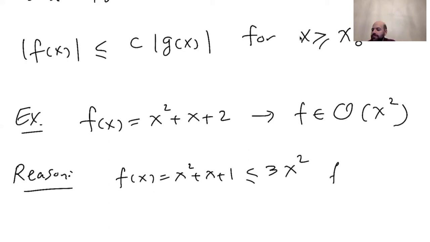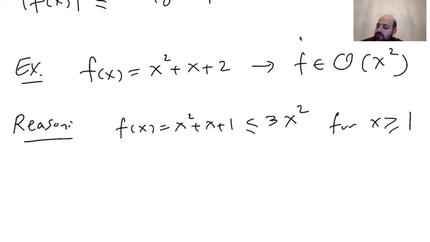For x bigger than or equal to 1. Because if x is bigger than or equal to 1, x is less than or equal to x squared, and 1 is also less than or equal to x squared. So x squared plus x plus 1 is less than or equal to 3x squared. So our constant C is 3 and our x0 is 1.